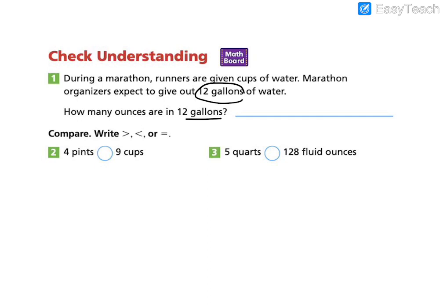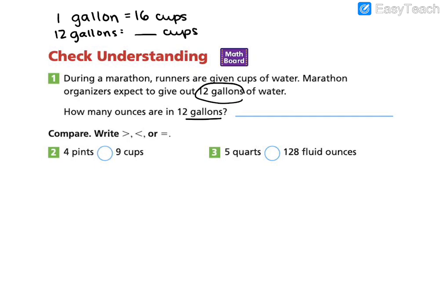We need to think about how many ounces are in 12 gallons. We have a lot of math to do for this. So let's think about how many cups are in 12 gallons first. 1 gallon is equal to 16 cups. So 12 gallons is going to be equal to some number of cups.